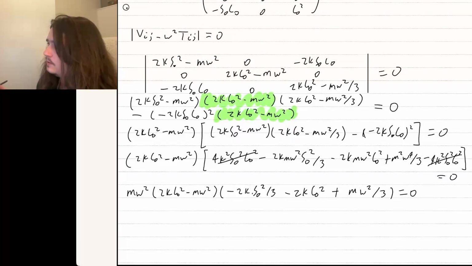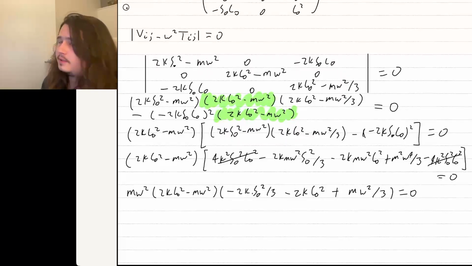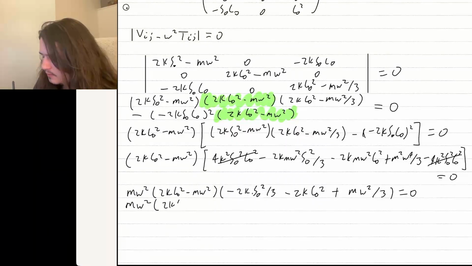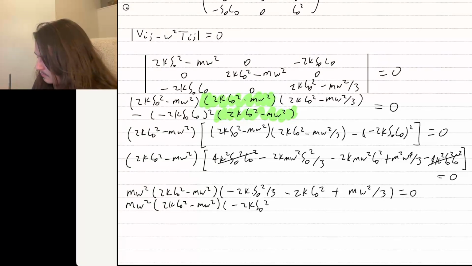And what I did to do this is I factored out an extra 1/3 from the last parentheses there to make this a little bit nicer to read. So it's m omega squared (2k c naught squared minus m omega squared) minus (2k s naught squared minus 6k c naught squared plus m omega squared) is 0.